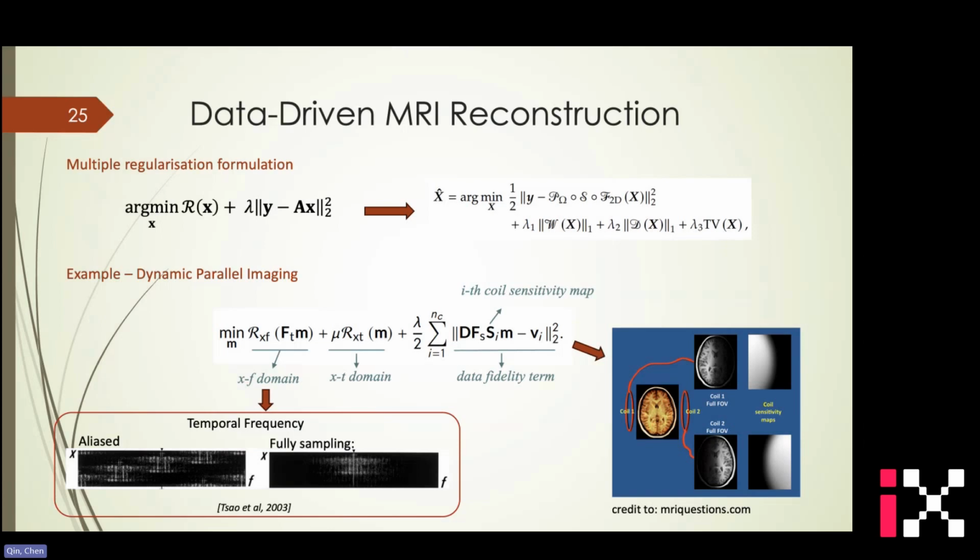And here I show this parallel imaging setting because we want to apply this method in more clinically applicable scenarios. If you have done these MR scans, we know that they actually have multiple coils to acquire the signals at the same time.